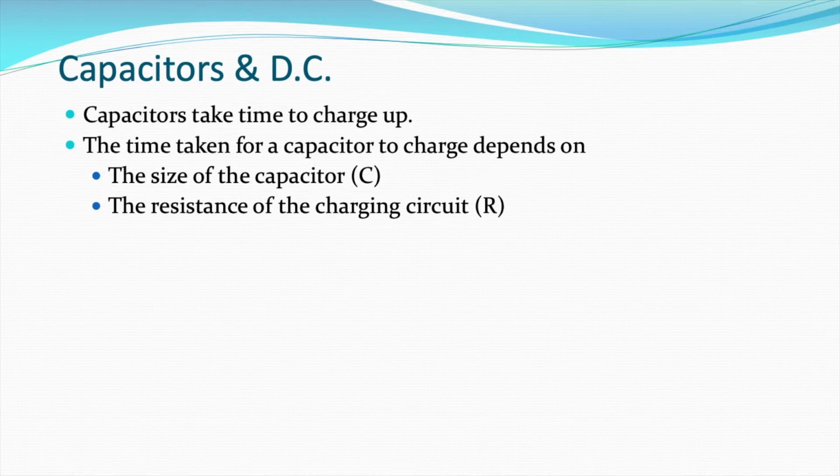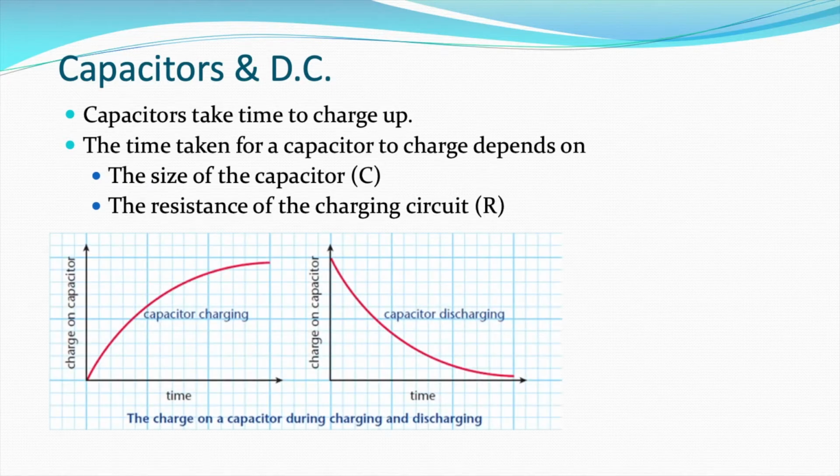And you control that speed of the water by adjusting the tap. The tap is like the resistance to the flow of water. Well, a resistor is the resistance to the flow of charge in a charging circuit. So, bigger capacitor, bigger resistance, longer charging times. And there's the sort of graphs that you may have seen before.